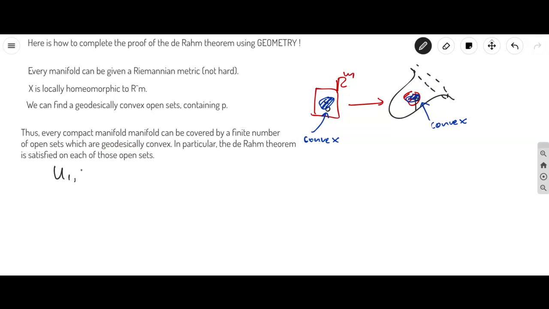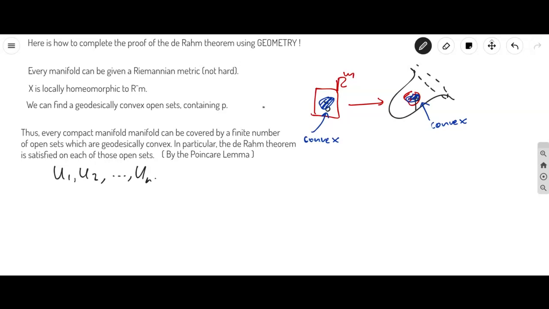Right? So we have the Rahm theorem, and it's true on each of these open sets. The reason for this is that each of these open sets, in the end, is going to be homeomorphic to a convex open subset of Euclidean space. So this is by the Poincare lemma.